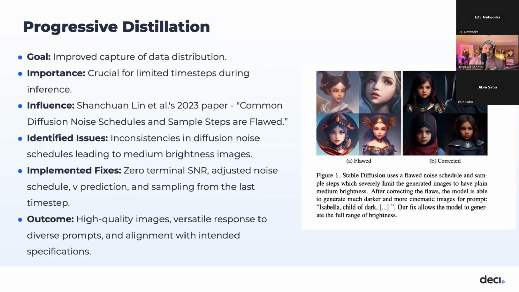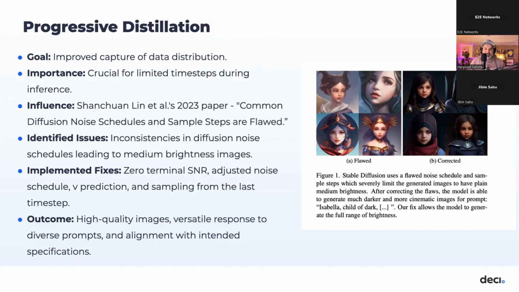And others in a 2023 paper that was called Common Diffusion Noise Schedules and Sample Steps Are Flawed. Their team identified a lot of inconsistencies in prevalent diffusion noise schedules, and this led to models producing medium brightness images, even when the prompts suggested otherwise.